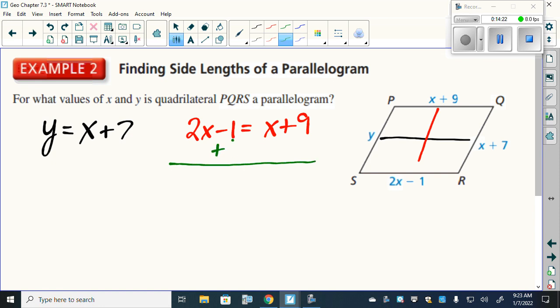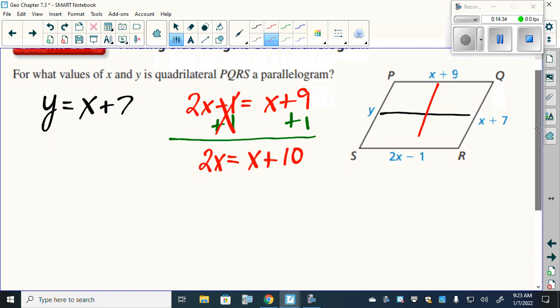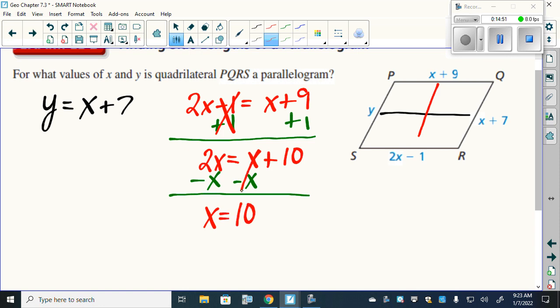Either one. Because if I add 1, negative 1 plus 1 will cancel, leaving me with just 2x is equal to x plus 10. Then what can we do? Now we can subtract x. 2x minus x is x equals 10.